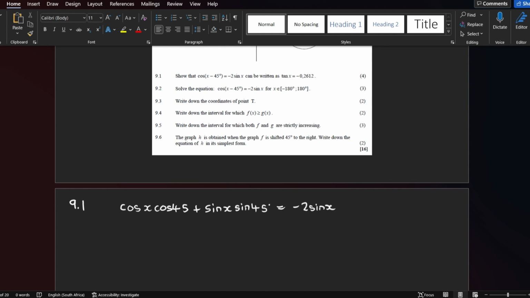Now we know that cos 45° and sin 45° are special angles, so we can substitute their values in. So we have cos x times root 2 over 2, plus sin x times root 2 over 2, equals -2 sin x.